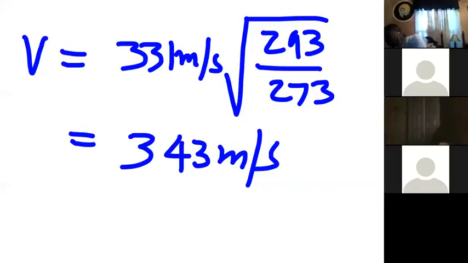Okay, so let's go to the section on sound interference and resonance, the standing waves in air. And we're going to begin with number 38.